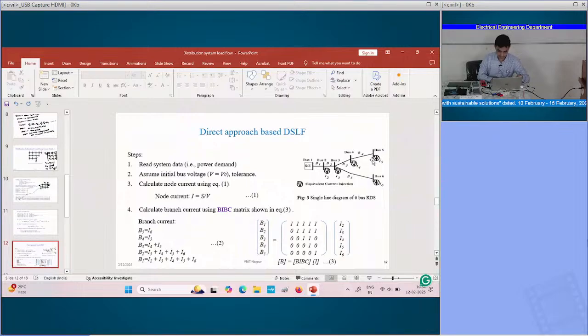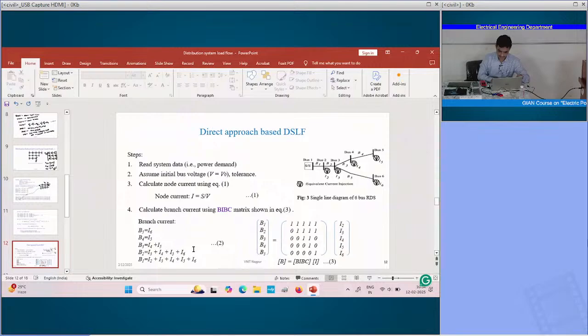And for the branch current at the node situated between bus 2 and 3, it is the summation of all node currents beyond this node, so B3 plus B4 plus B5, or in other words I3 plus I4 plus I5 plus I6.